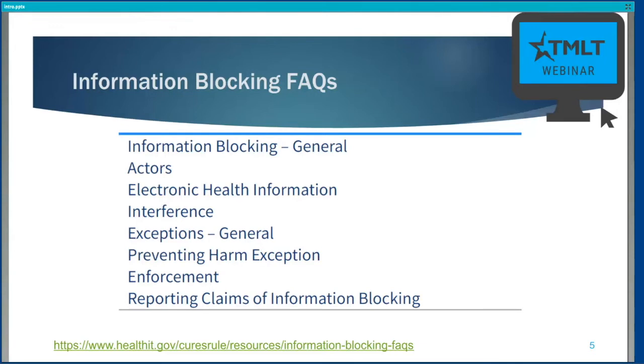Currently, the topics covered are general information blocking, who actors are, what electronic health information is, what are interfaces, questions about general exceptions, questions about the preventing harm exception, enforcement, and reporting claims of information blocking.